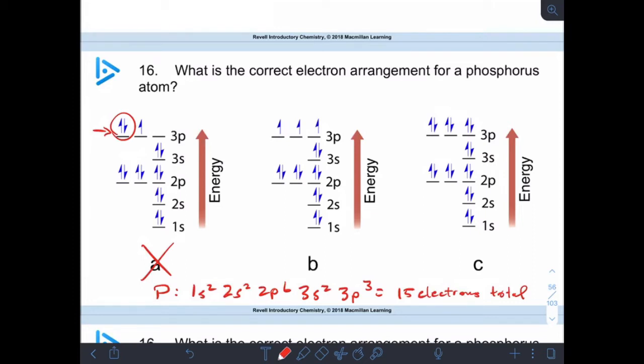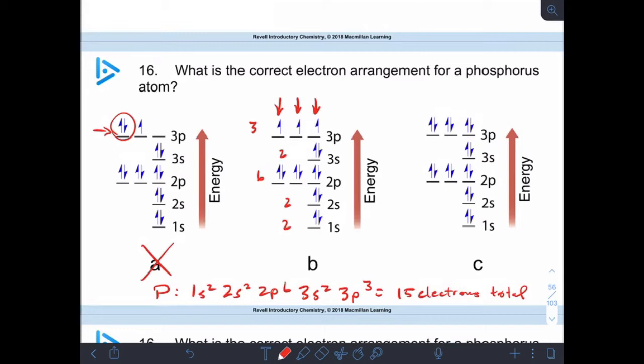So if I'm looking at the electrons in my diagram above it, I've got 2, 2, 6, 2, 3. And that should add up to 15, which it does. And they're all individual before they get paired.